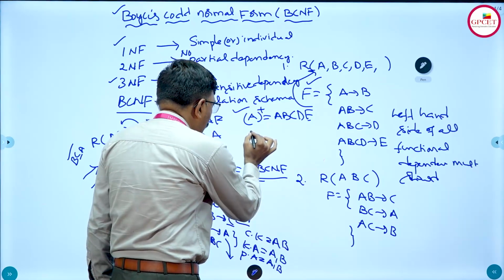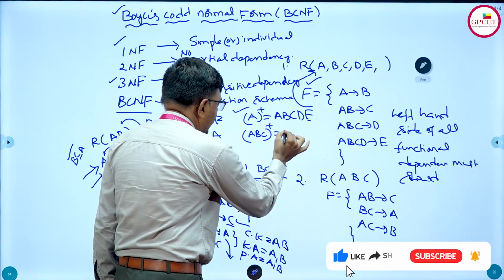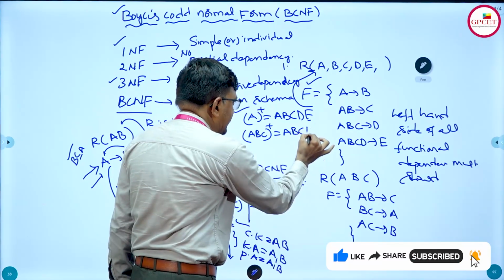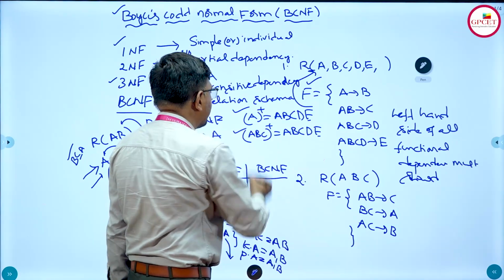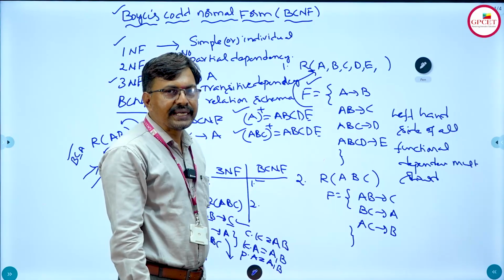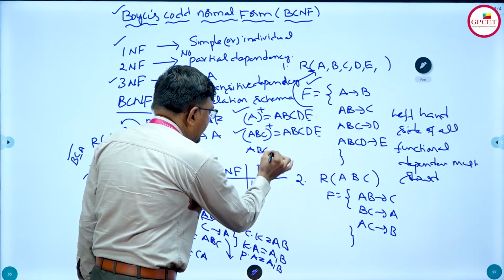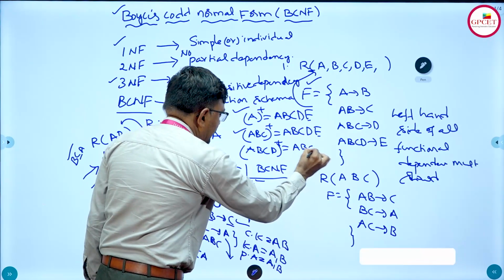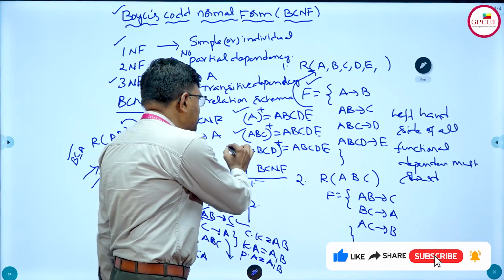And then ABC closure: ABC derives D, ABCD derives E. We can get the original relation. ABC is also a key. And then next one, ABCD closure, that is equal to ABCDE. We can get the original relation.